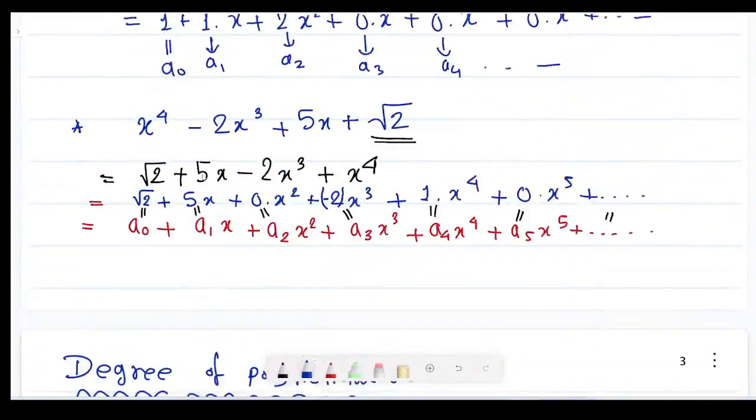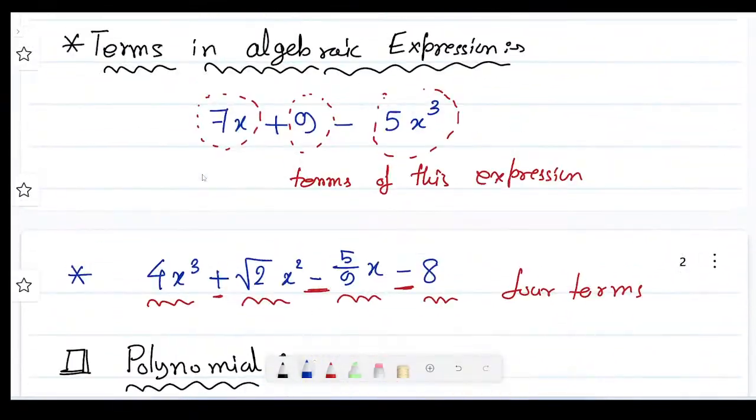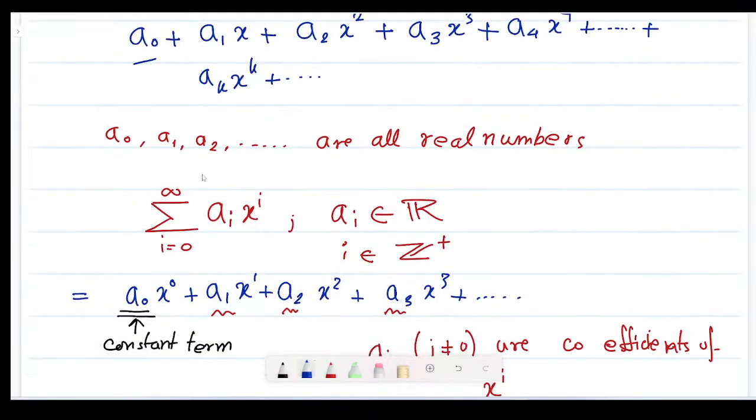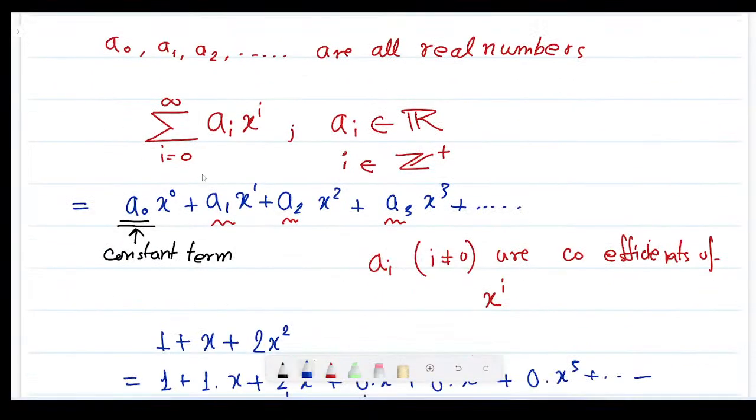In the previous lecture we saw that the powers of x all are positive integers.